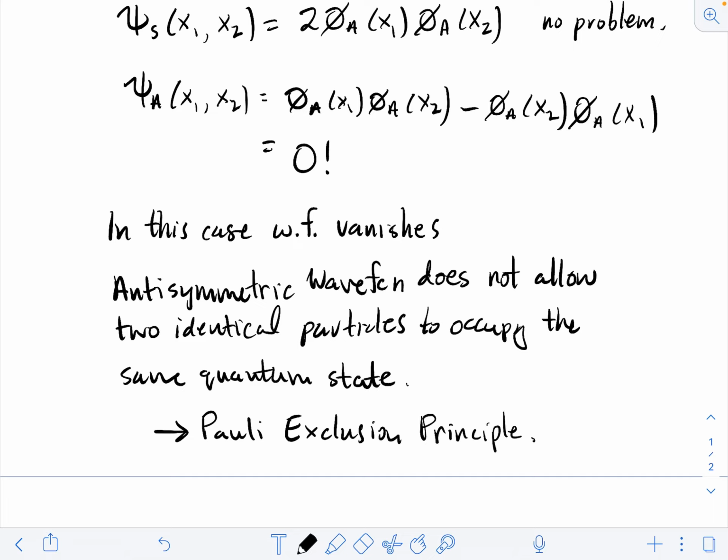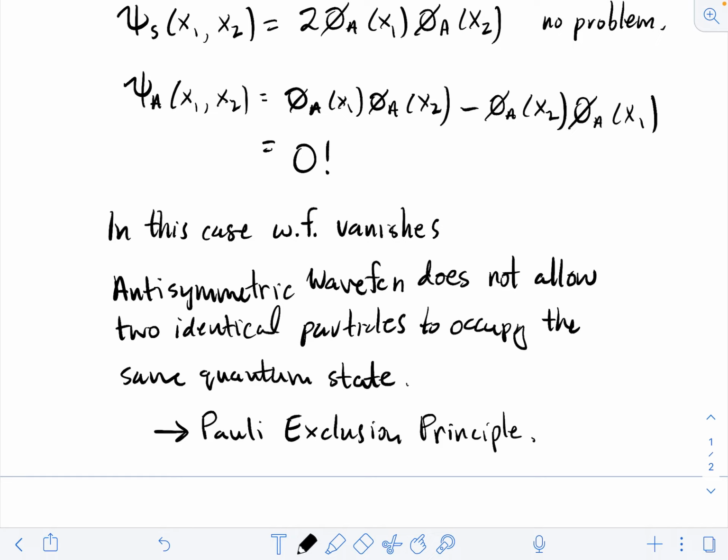It's very important for systems at low temperature because what we found is that for bosons we can put particles in the same state. There's no issue with that. And so if you went to really low temperatures, all of the bosons are going to try to occupy the lowest energy state. In fact, we'll talk about Bose-Einstein condensation, which is a manifestation of that.